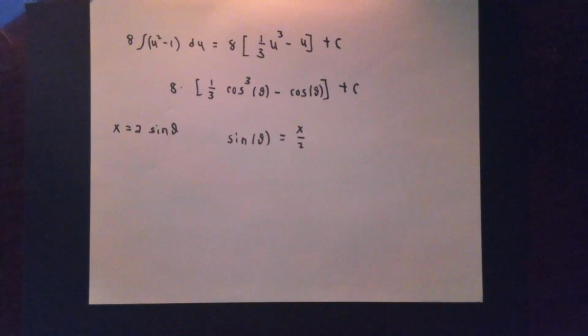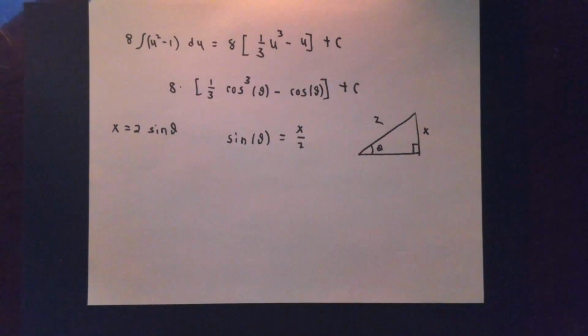So I'm going to draw a right triangle. Drawing in a right triangle, which I have arranged so that sine of theta, which is opposite over hypotenuse, is equal to x divided by 2, if I knew the remaining side of that triangle, I could calculate any trig function of theta that I care to.